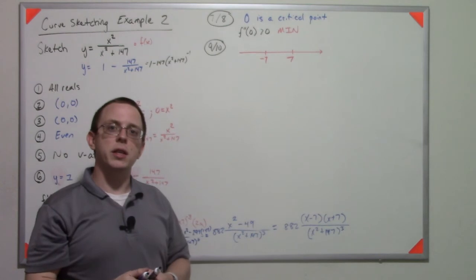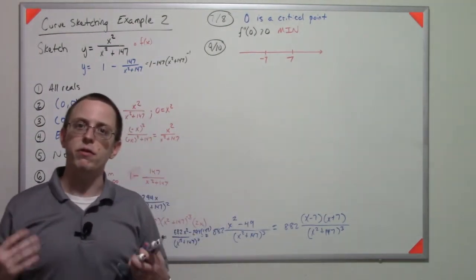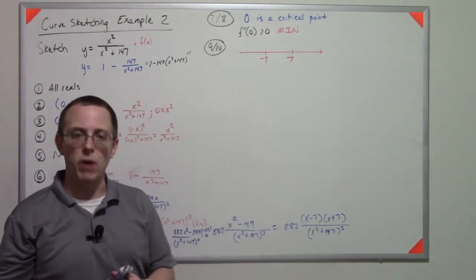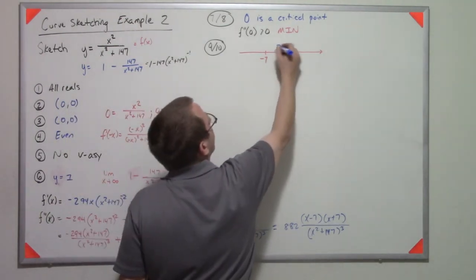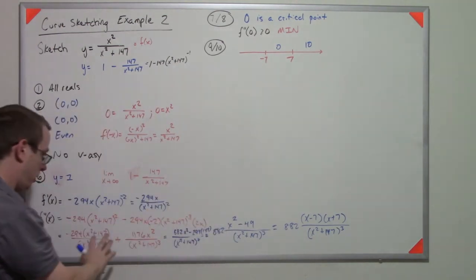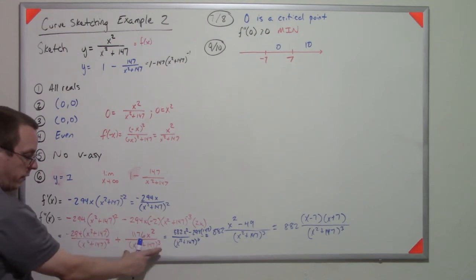There's a really interesting thing here, though. We don't really have to check over here because we know it's an even function. So if we check over here, the behavior will have to match over there. Now, if I try the point of 0 and the point of 10, if I plug in 0 to this function, what I get is something positive over positive, and then a 0 here.